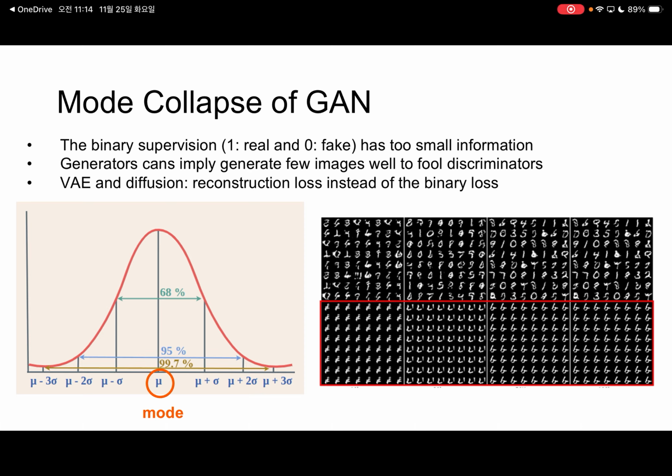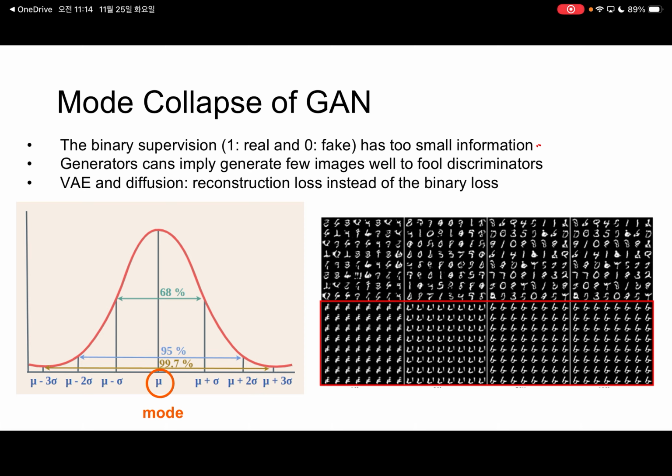But as I said, training GAN is very unstable, very difficult actually. There are many hyperparameters because we need to make a balance between discriminator and generator. One of the typical failure cases is mode collapse. As I introduced, when training GAN, the supervision is just binary, real or fake. Imagine you are the generator and your teacher is just giving good or bad without any detailed guidance.